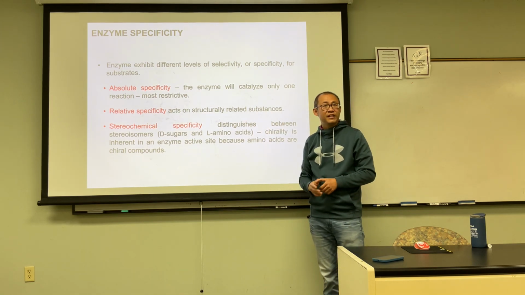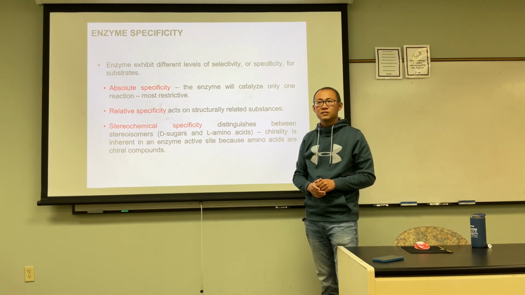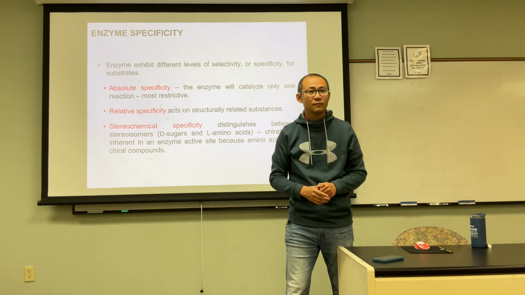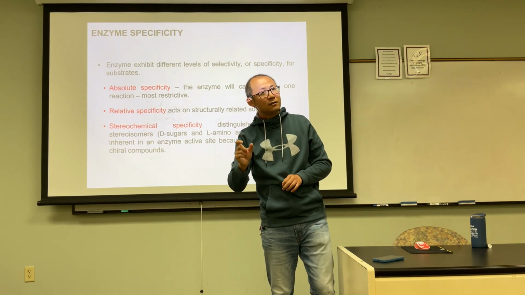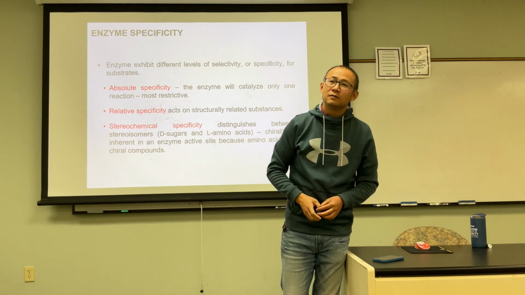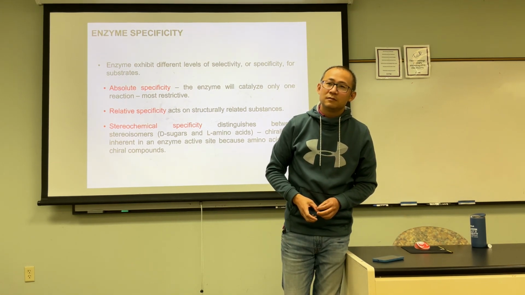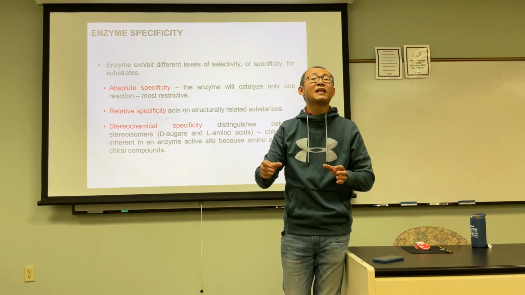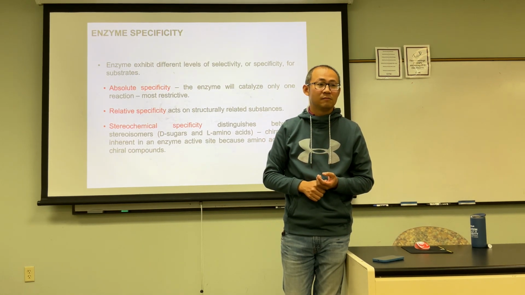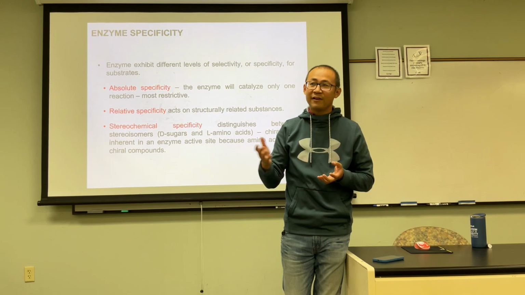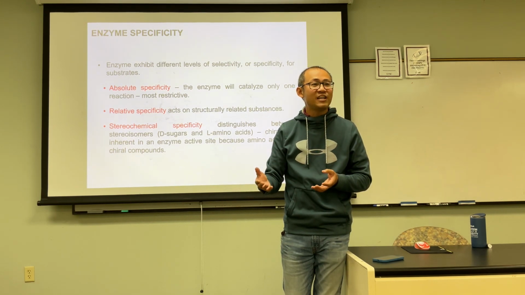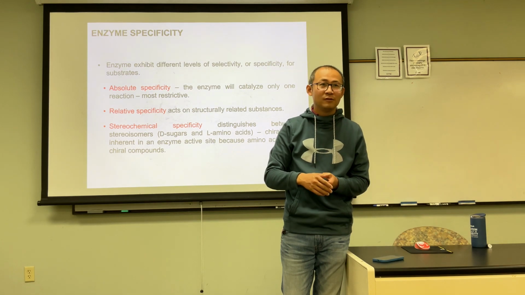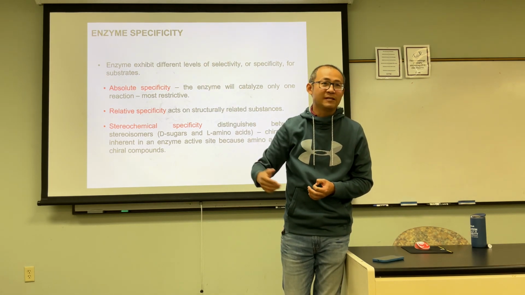Another type of specificity is called relaxed specificity. It means the enzyme can accept substrates with certain similarities in their structures. Or you can understand it as the enzyme being like a car that can take you or someone like you to that place.